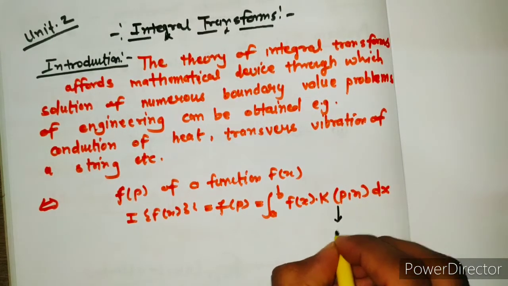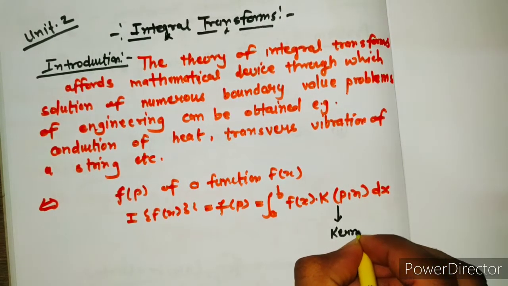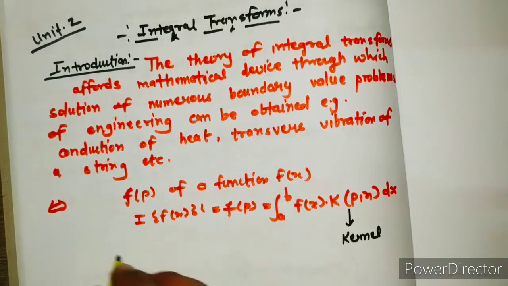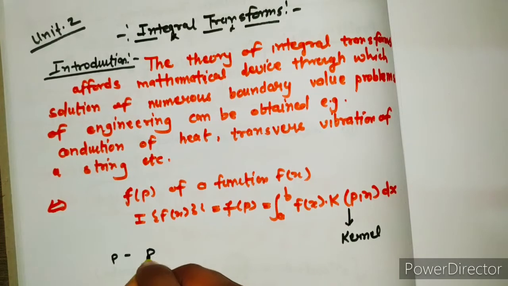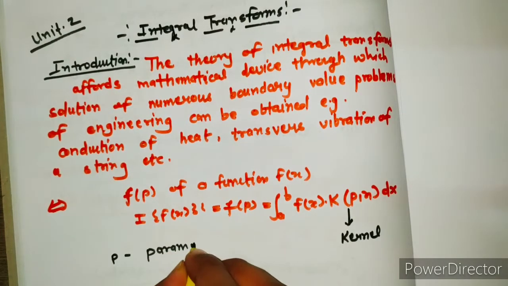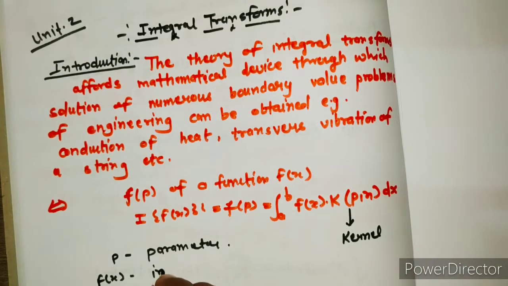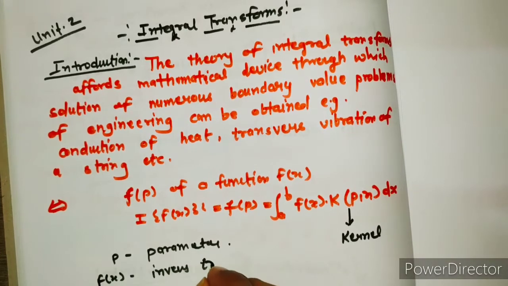This is also known as the kernel of the transformation, and p is called the parameter of the transform, and f(x) is called the inverse transform.